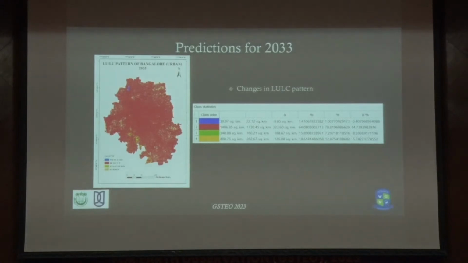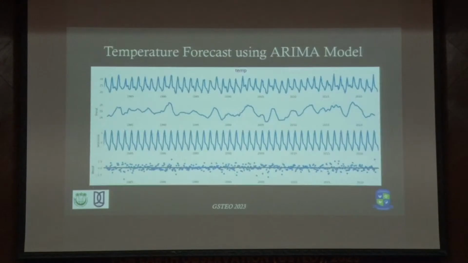There is a very large decrease in all other natural friendly parameters, that are the wetlands, green zones, and the barren land as well. This much increase in the built-up is good enough to drastically change the environmental or atmospheric condition of any particular location, and that can be factually presented in the further slides.